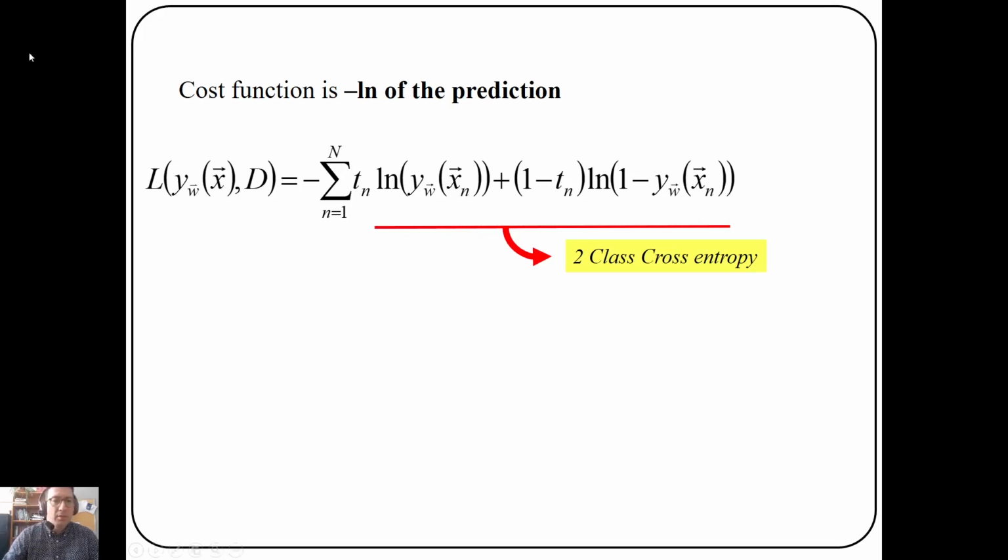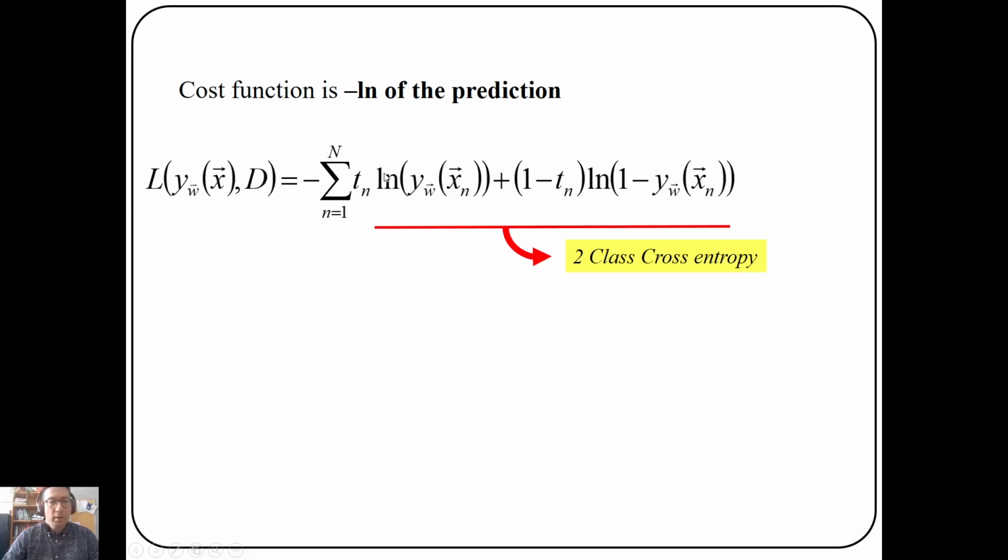In a sense, it does make sense. It's a little bit complicated, but it's the log of the output of the system. Now, if the true class is 1 and the output of your system is also 1, then the log of 1 is 0. And 1 minus 1 is 0, so that term is cancelled out, and you end up having 1 times the log of 1.